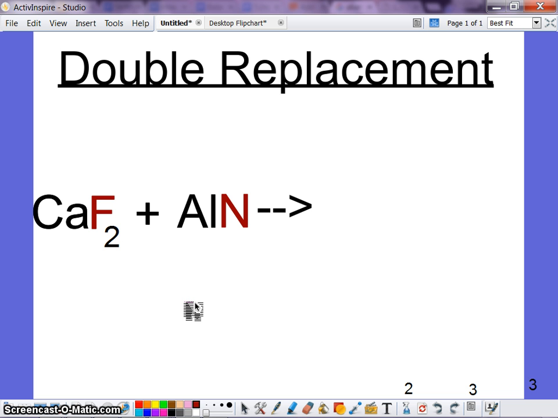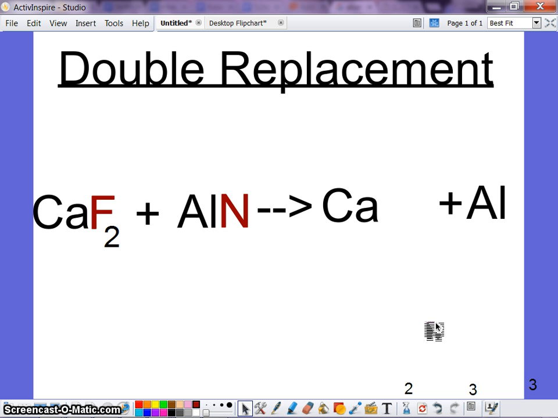So watch what happens in this type of double replacement reaction. Just like before, the cations move over to the product side and remain unchanged.